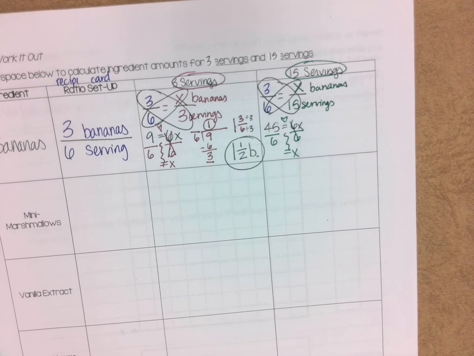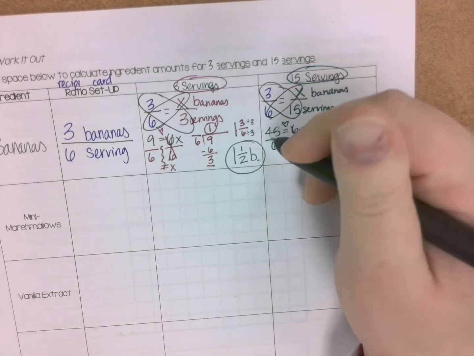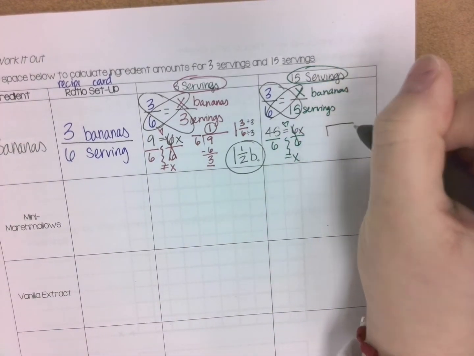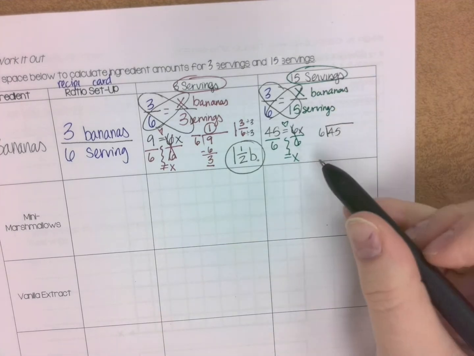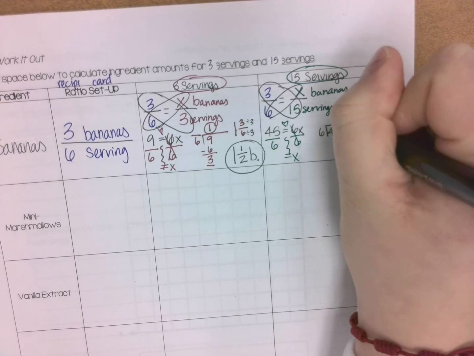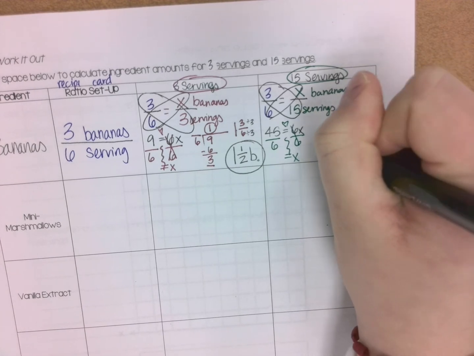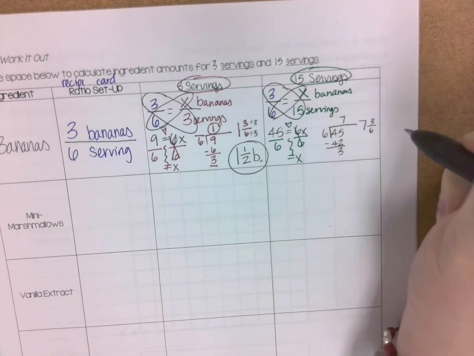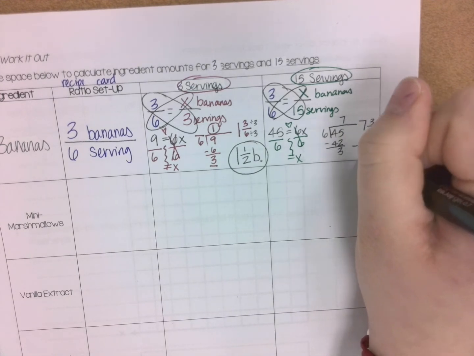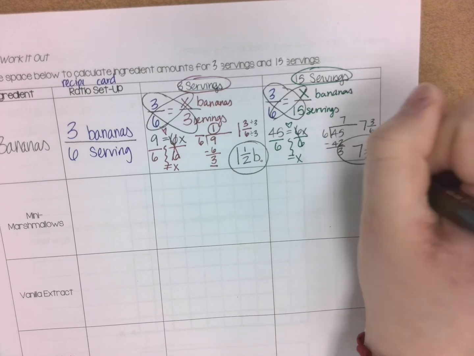Again, I need fractions for these. 45 over 6. I need to turn that into a mixed number. 6 goes into 45 7 times. So I get 7 and 3/6, or 7 1/2 bananas that I need for 15 servings.